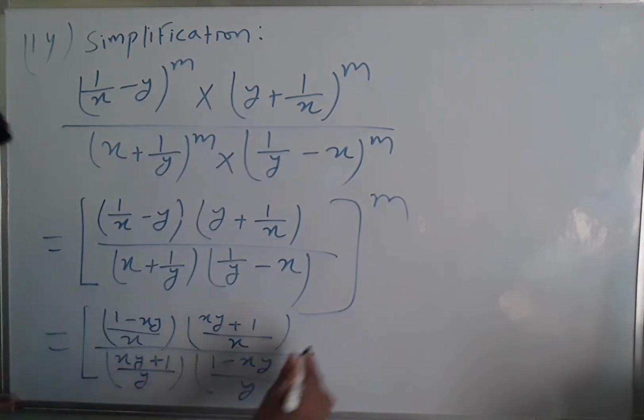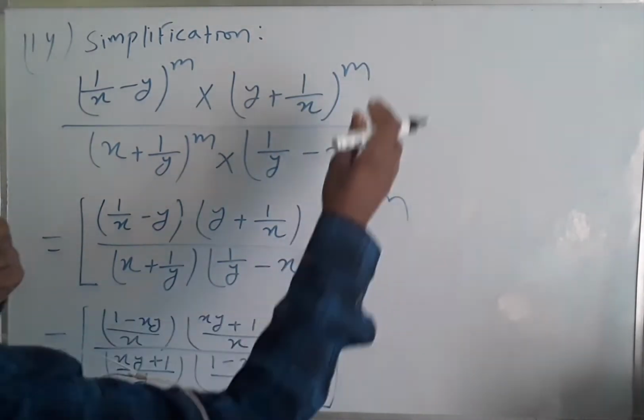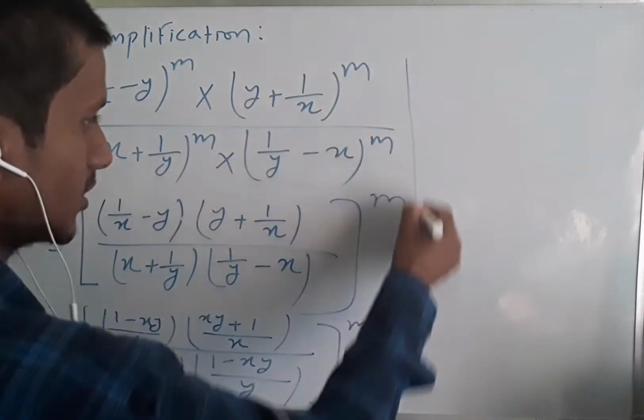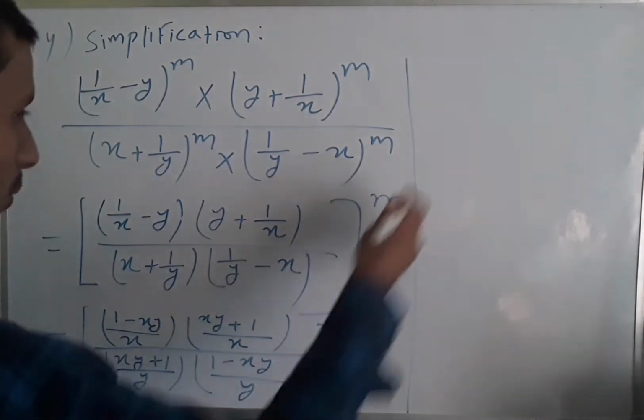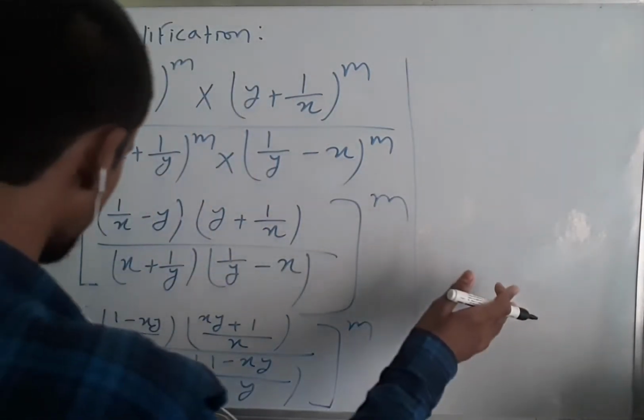So this is what is going to be to the power m. Now I think it should be accommodated in this much space. I hope this much space is enough for it.